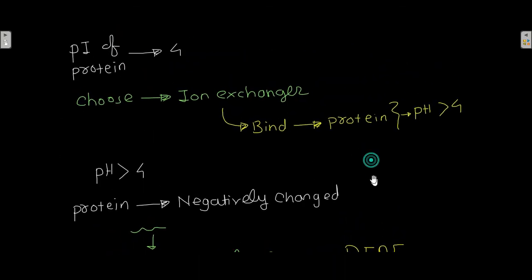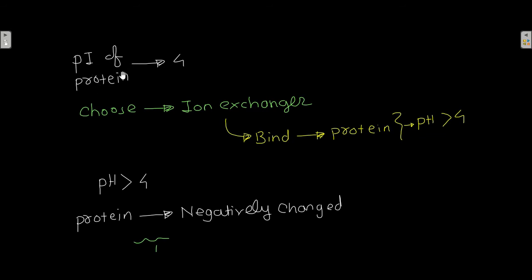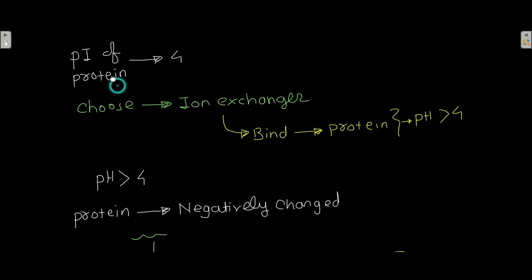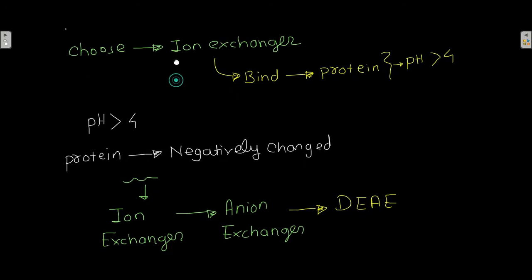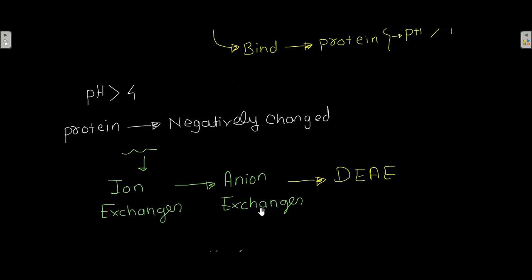So in case when the isoelectric point of the protein is 4, you will be using an anion exchanger. An example of anion exchanger is DEAE.